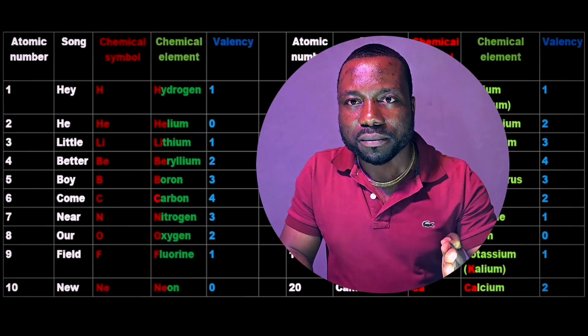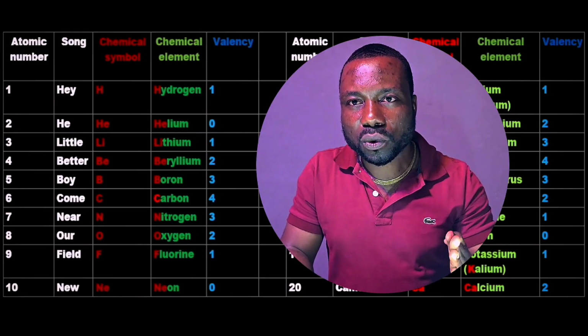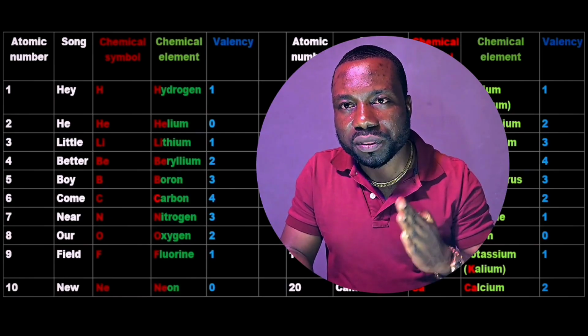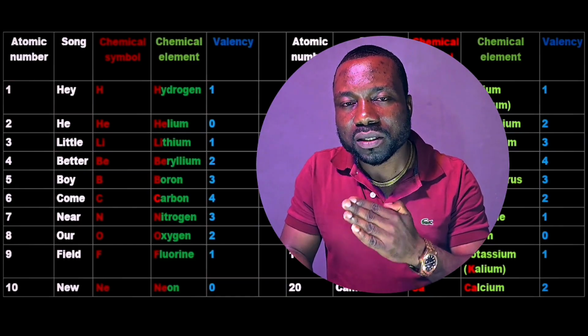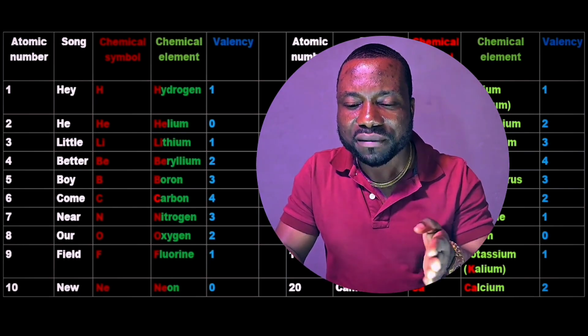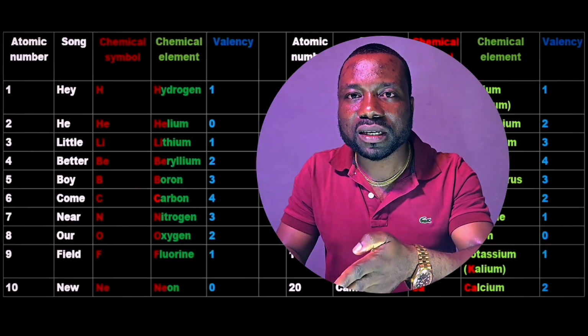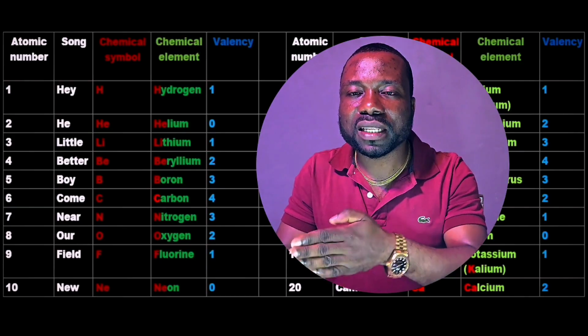You start from 1. After 1, you go to 0. 0 to 1, 2, 3. Until when you reach 4, you start reducing. 3, 2, 1, 0, 1, 2, 3, 4, 3, 2, 1. So after counting, the number that reaches at nation will be the valency of that element.